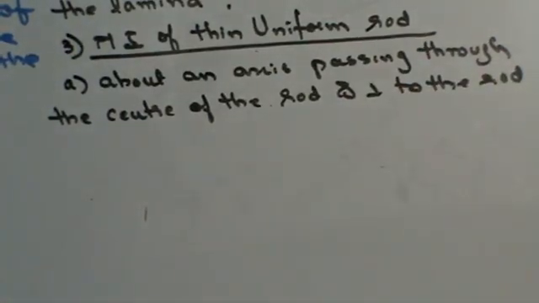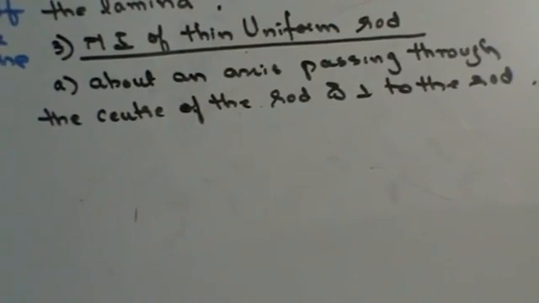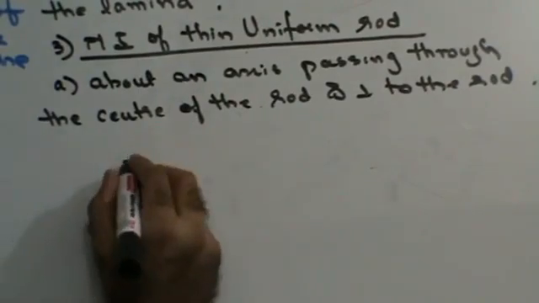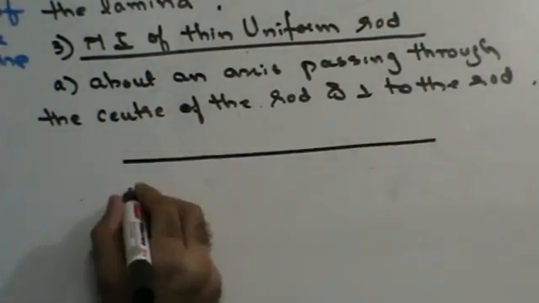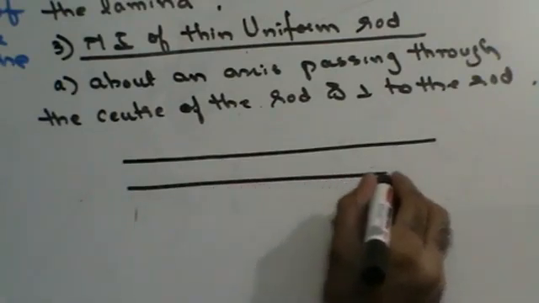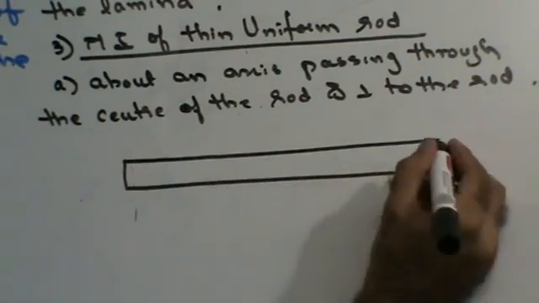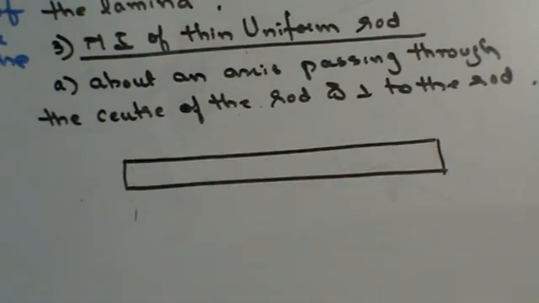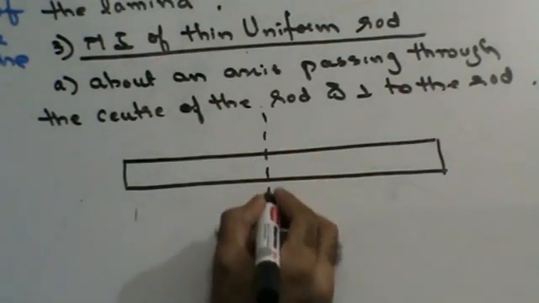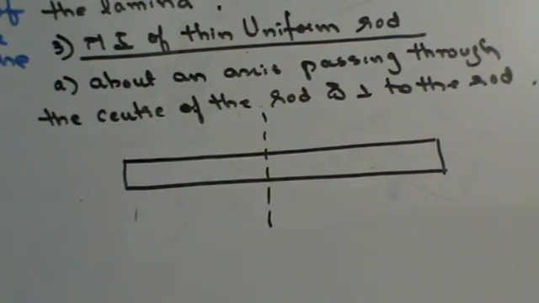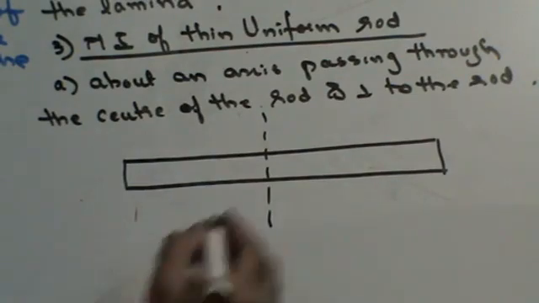Right? Now, let's first consider a thin uniform rod. This is my thin uniform rod. Moment of inertia is passing through the center. So this is my axis passing through the center and is perpendicular. So C is the center.